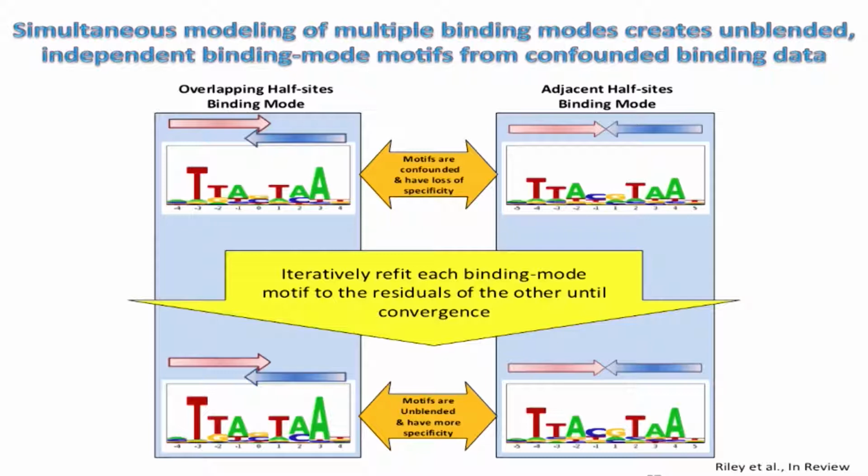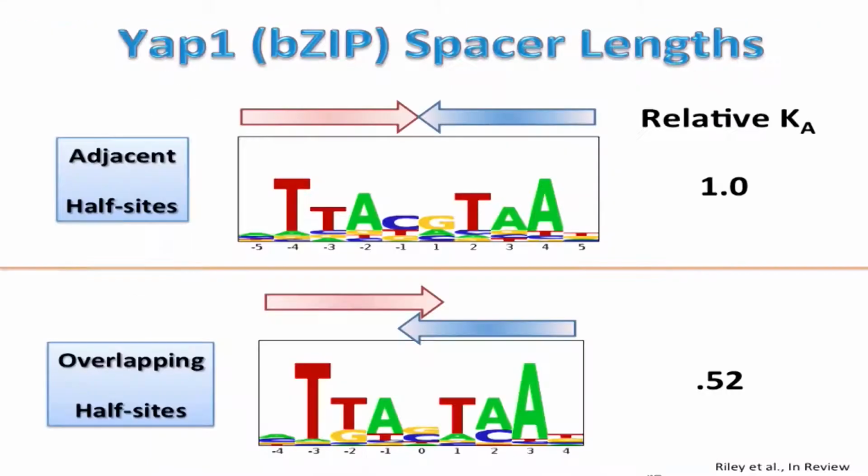So you see basically a 50% reduction in affinity for the overlapping half-site mode. However, if we look at another BZIP protein, GCN4, we see it prefers the overlapping half-sites over the adjacent half-sites, and there's about a threefold difference in affinity between those two different binding modes. Any questions?